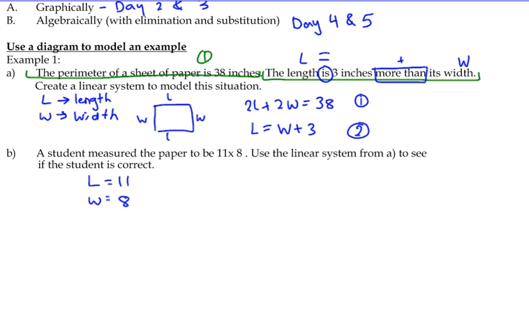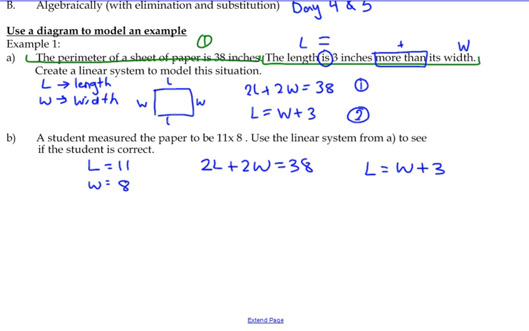So we're going to verify, so do a check. In order to check, we'll take both equations. We have to plug in our solution, and left side has to equal right side. It's kind of like doing a proof. So 2 times our length of 11 plus 2 times our width of 8 has to equal 38. 22 plus 16 is 38.